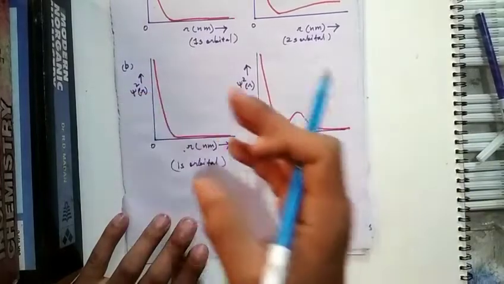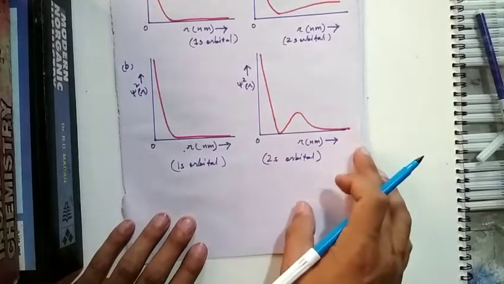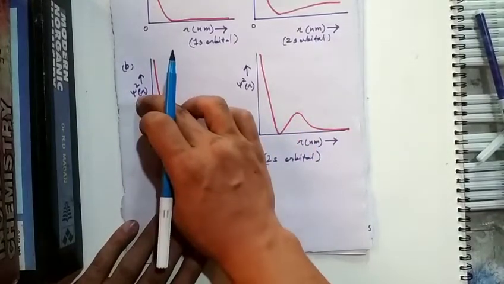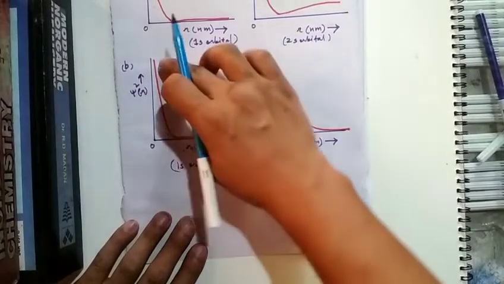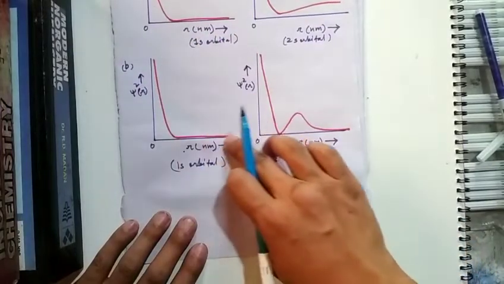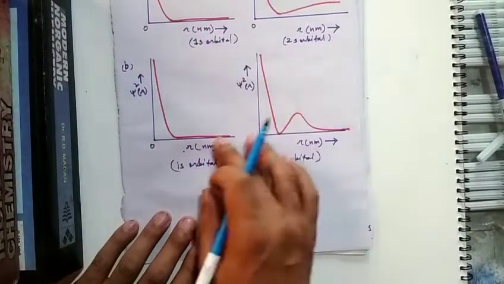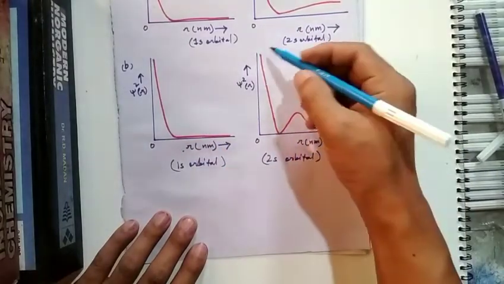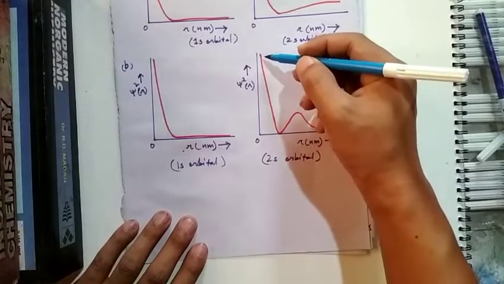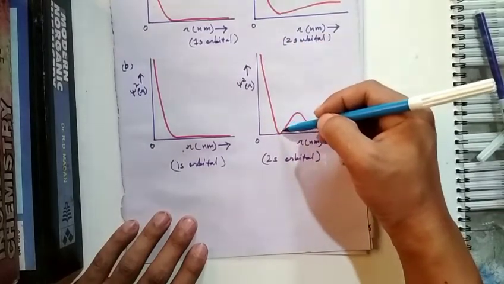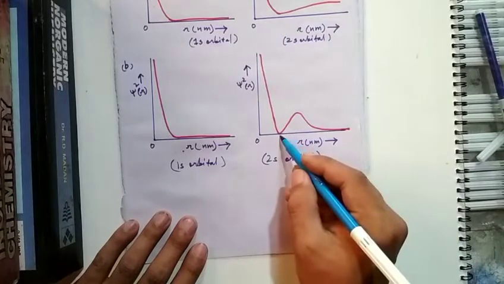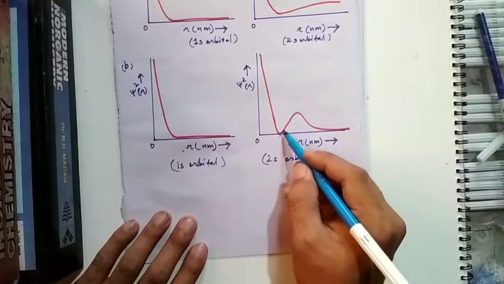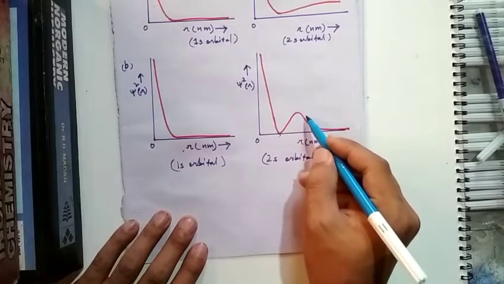So psi square gives the most probable value of finding the electron, as a function of radius. Likewise, as we move away from the nucleus, the probability of finding the electron decreases. For 2s orbitals, as we move away from the nucleus, the probability decreases till it touches 0, and then after some time it increases to a maximum and then decreases.